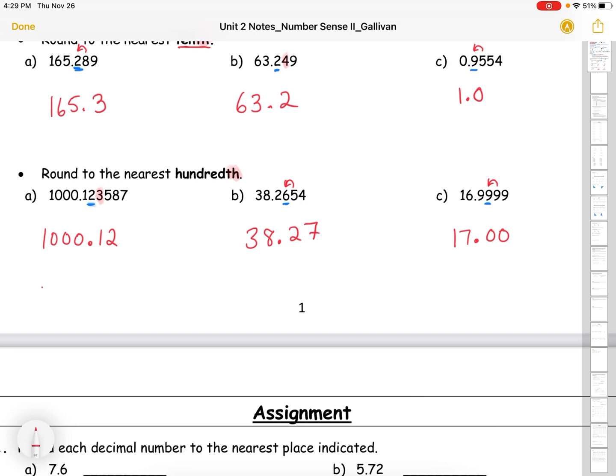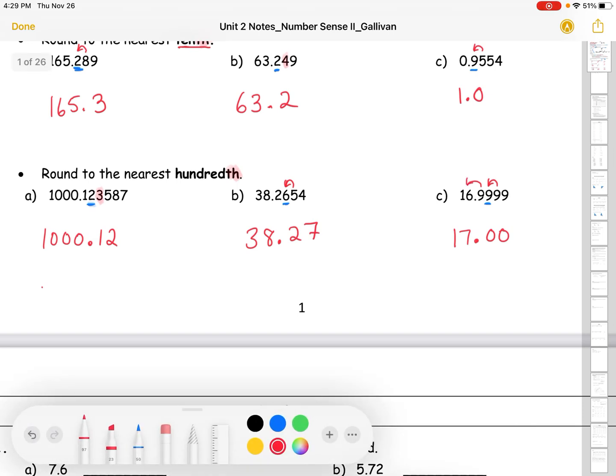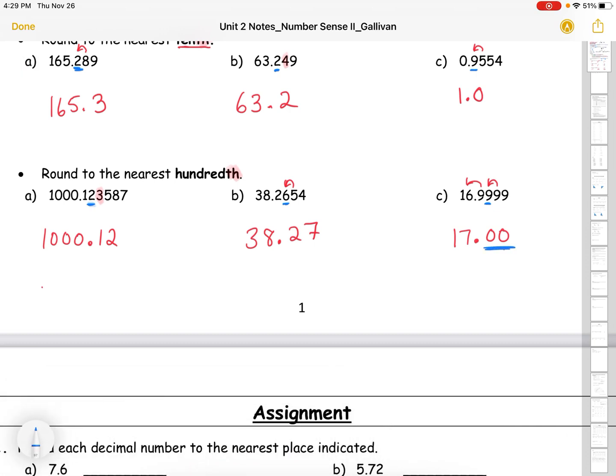Because that 9 turns into a 10 and then rounds up the next one, we get 1700. So it's going to have a cascading effect. We do still need to put the 2 decimal places because we have to round it to the hundredth. So we have to have something in that hundredth column.